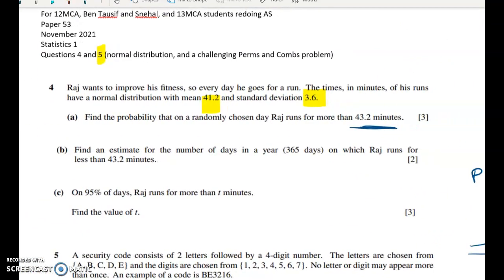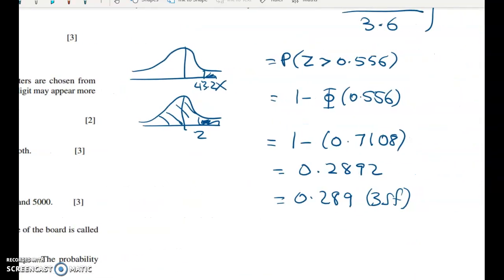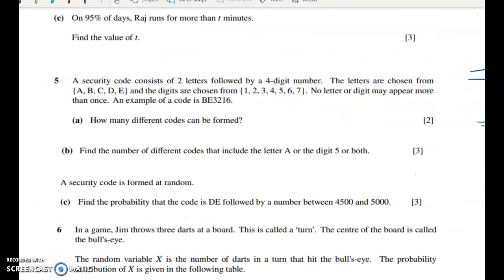Now we have to find an estimate for the number of days in a year on which he runs for at least 43.2 minutes. So the probability that he runs for less than 43.2 minutes is going to be 1 minus that number. So we're back to working with our 0.7108.